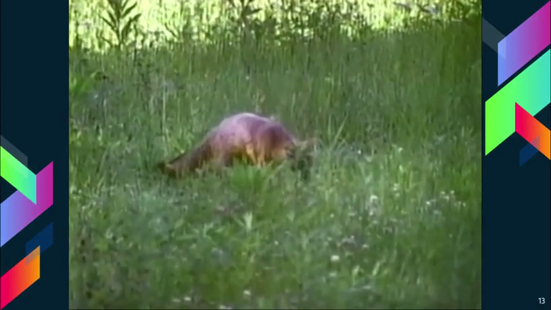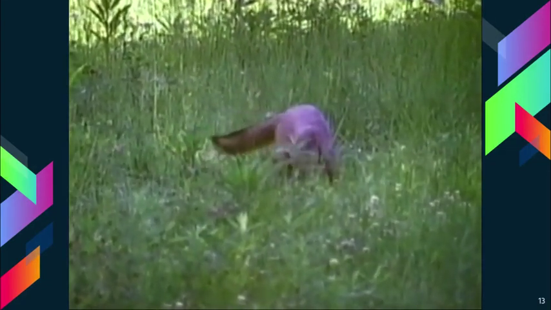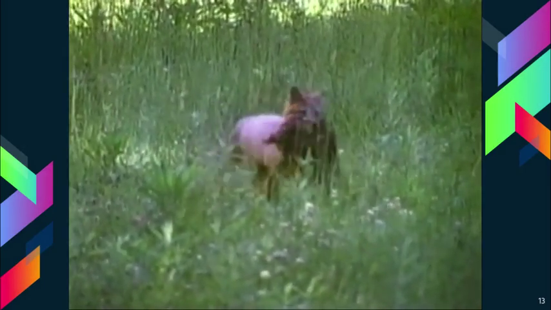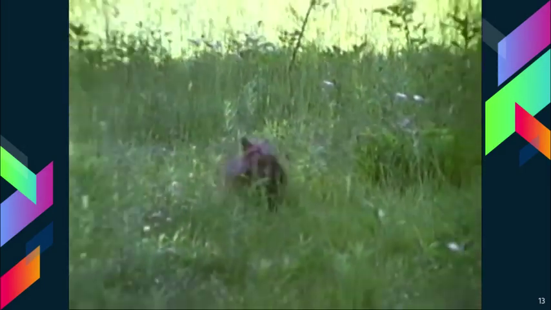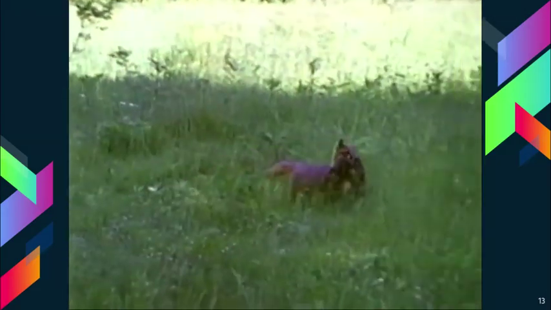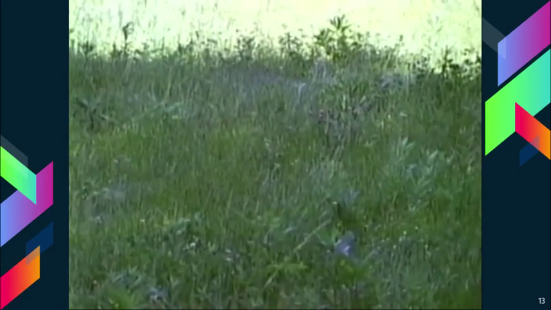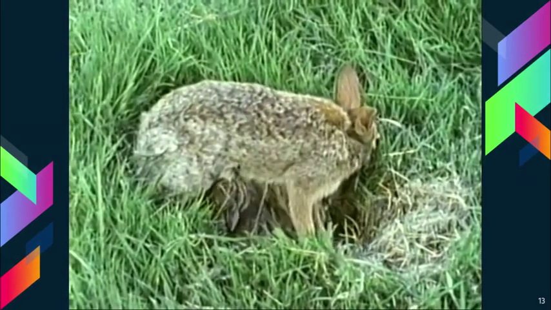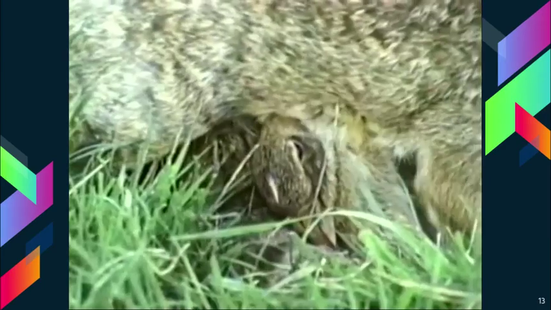The rabbit may be hunted by gray foxes. That makes it a source of food for foxes. The fox that eats the rabbit may get the rabbit's parasites. That makes the rabbit what is called a parasite vector. And as a parent, the rabbit may raise over a dozen young a year.